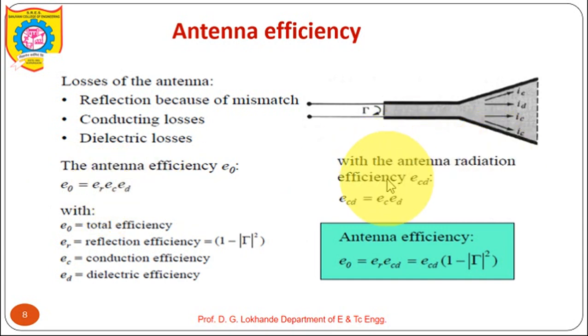So the radiation efficiency ECD can be calculated as EC into ED, and the reflection efficiency can be calculated as 1 minus gamma square. Putting this in the equation, my antenna efficiency E0 will be equal to the conduction and dielectric efficiencies into the reflection coefficient 1 minus gamma square.